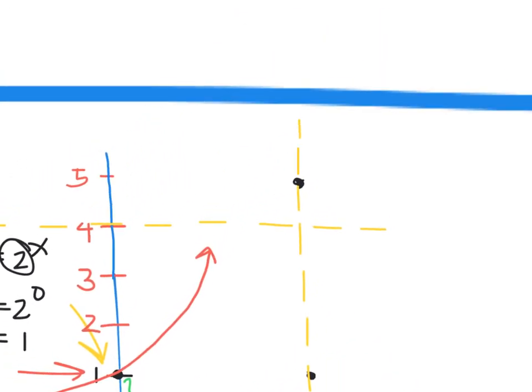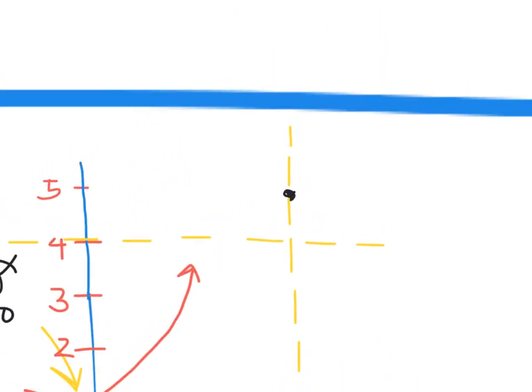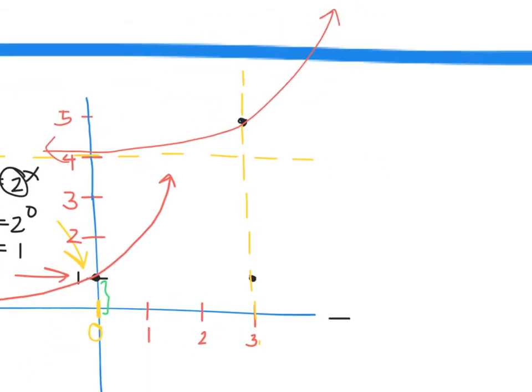Therefore, knowing the orientation, the graph should follow this path. We cannot draw the exact graph, but we can estimate its orientation. It's going up. The new point will be, take note, this point.